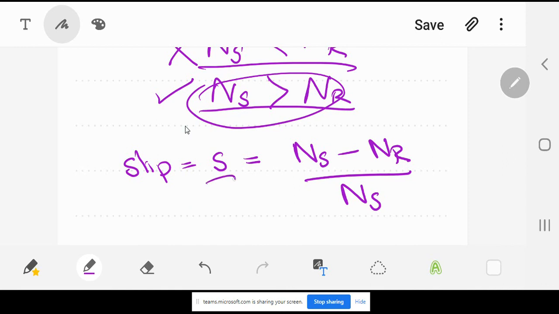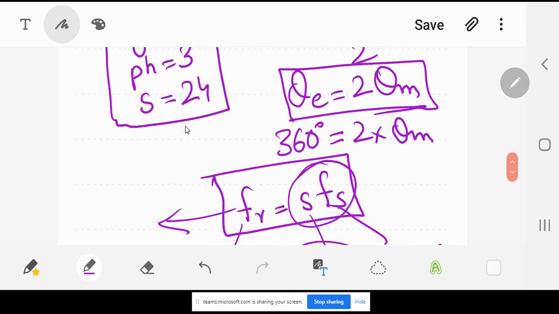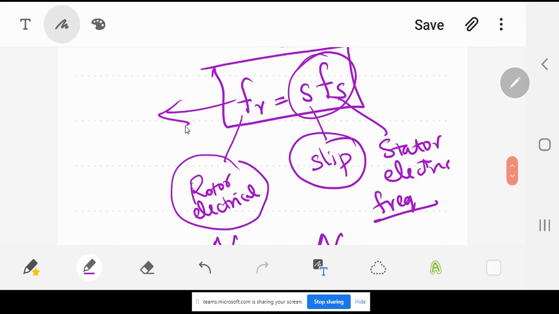The slip will increase. When the slip increases, the rotor frequency, please remember the word rotor electrical frequency, I am using the electrical induced EMF inside the rotor, that frequency. How this is proved, I'm not going to go into that proof. If it is not done, we will discuss it in detail in the next lecture.